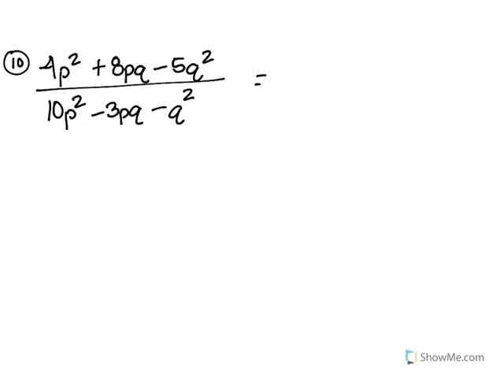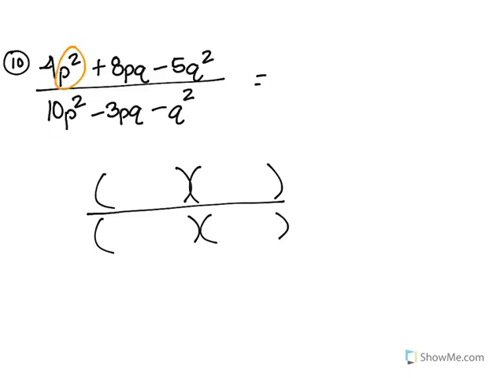So I would simply draw my 2 parentheses on top and my 2 parentheses on the bottom. Then I notice I've got p squared in the front and q squared in the back, on the top one and on the bottom one. So you might want to stick your p's in the front and q's in the back. Leave a little room in the front because you have a front number. That way I won't forget to put them in there.